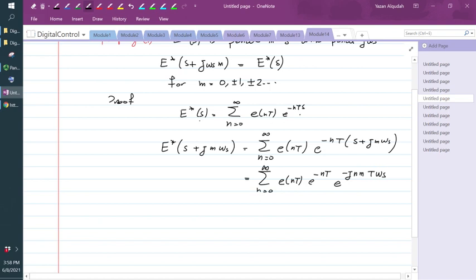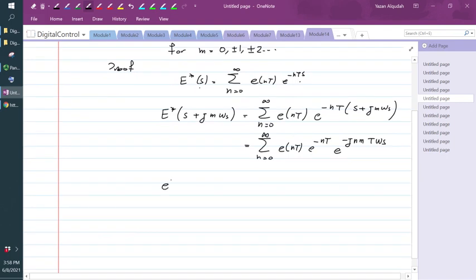Now what is this e to the negative j n m T omega s equal to? I can write this as e to the negative j n m multiplied by T multiplied by 2 pi divided by T, and therefore this is going to equal e to the negative j n m 2 pi, which is going to equal 1 for all m and n.